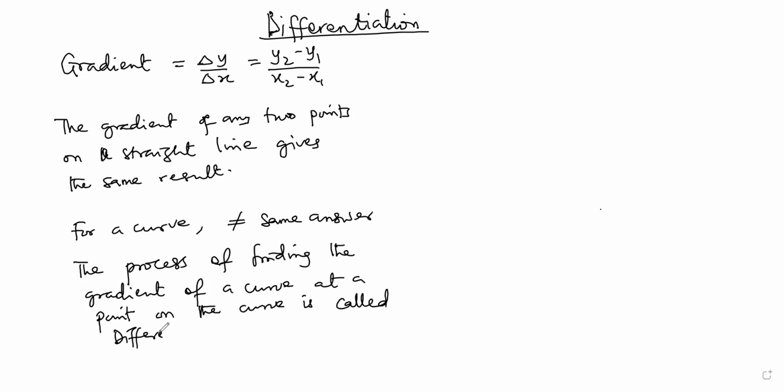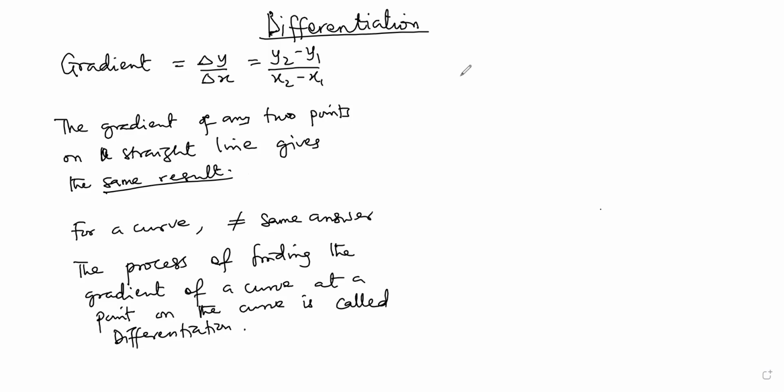That's where differentiation comes in. So for a straight line, the gradient of any 2 points on the line gives the same result, but for a curve, it does not give the same answer. And so the process of finding the gradient of the curve at a point on the curve is differentiation.